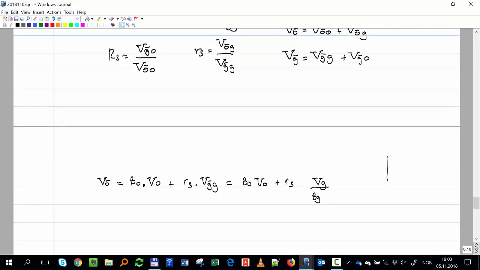So we can do the same for the other. The volume of the gas will be gas from gas, which is Vg over the gas factor. No rs here because this is just gas.